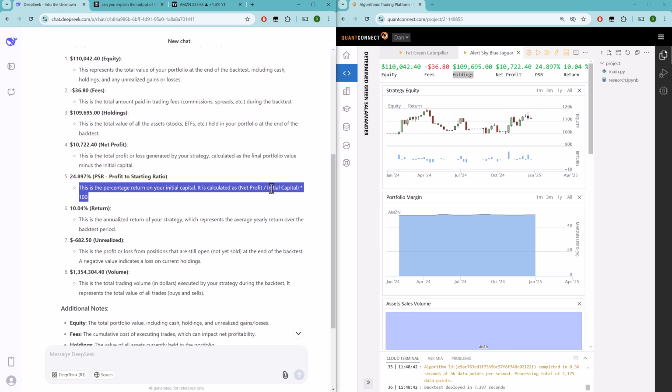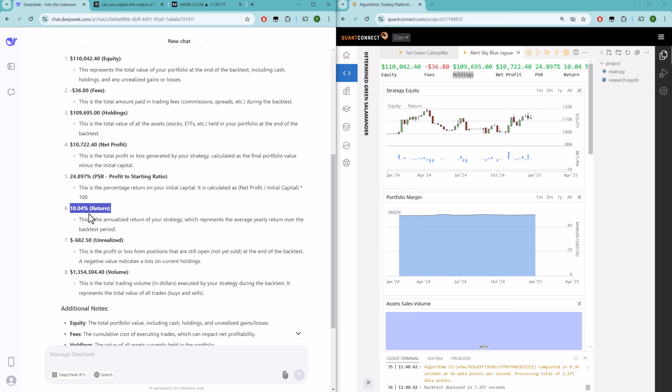Net profit divided by initial capital, multiplied by 100. That's an interesting one. It says, even though I basically got 10,000, so roughly 10%, it tells me that the profit to starting ratio is almost 25%.